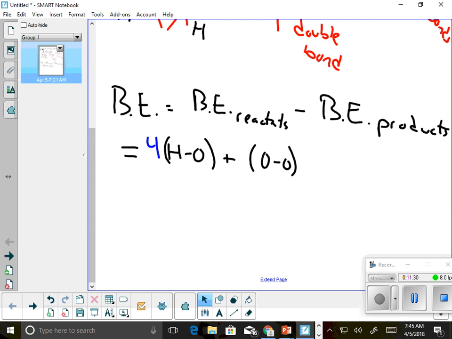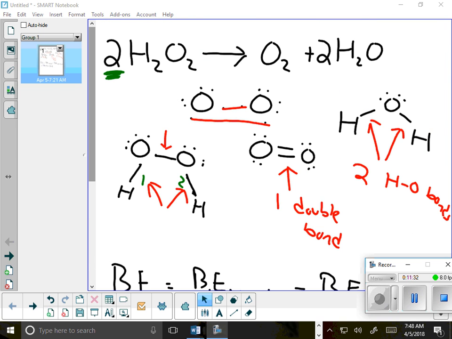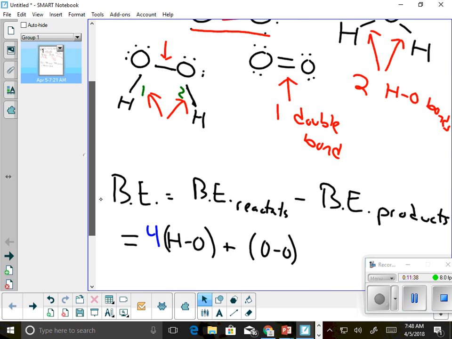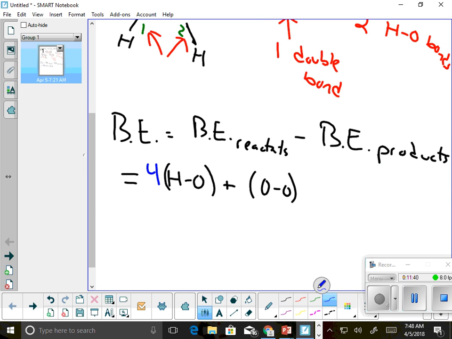Similar thing can be done here. Since we have two hydrogen peroxides and each has one OO bond, I'm also going to put a 2 coefficient in front of here. This is all of my reactant bonds.